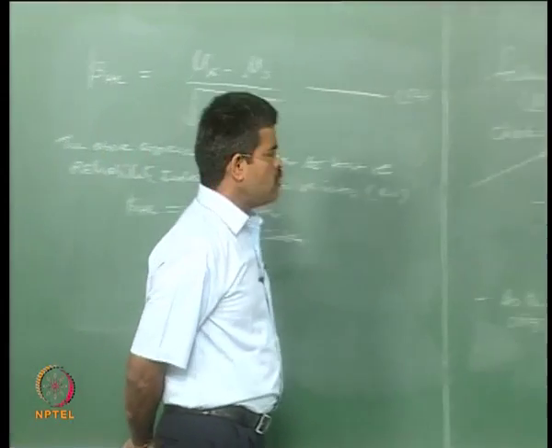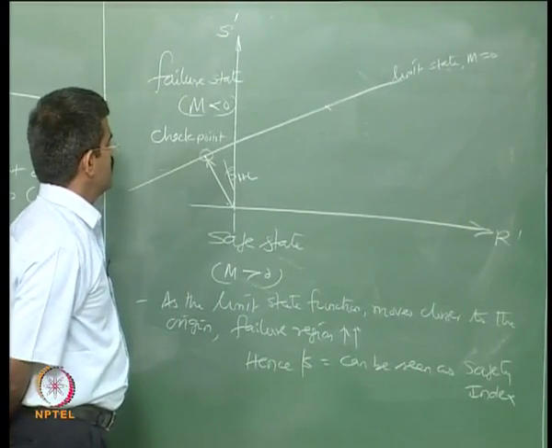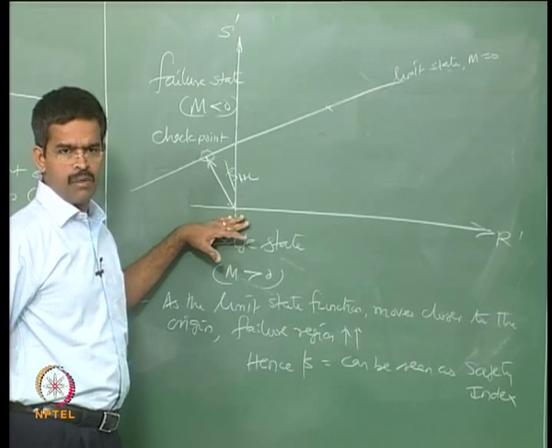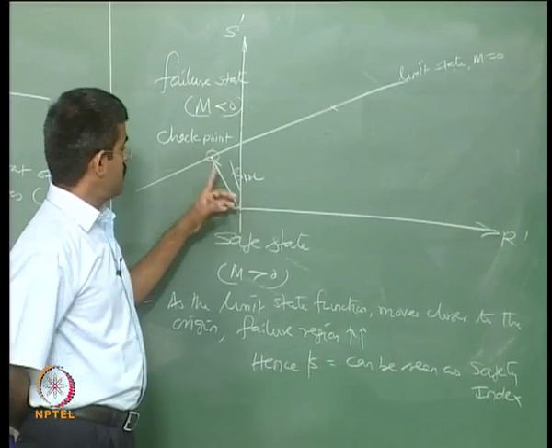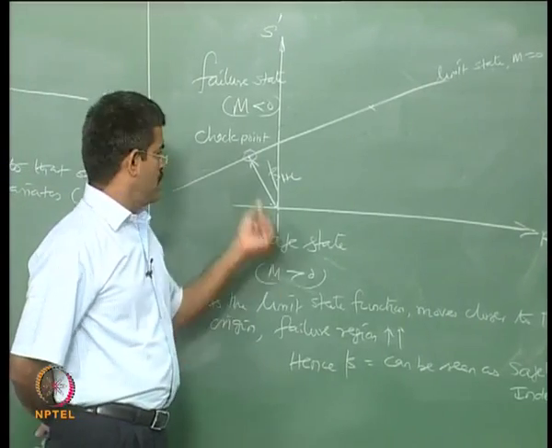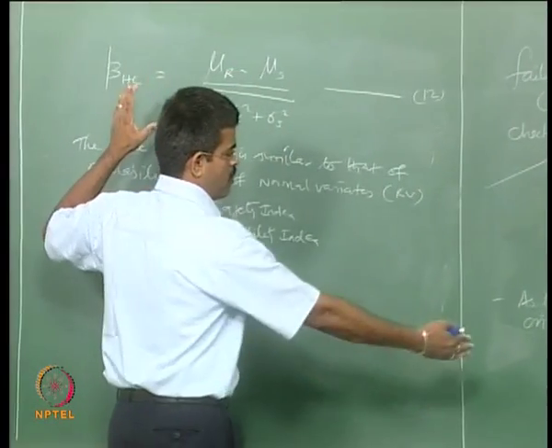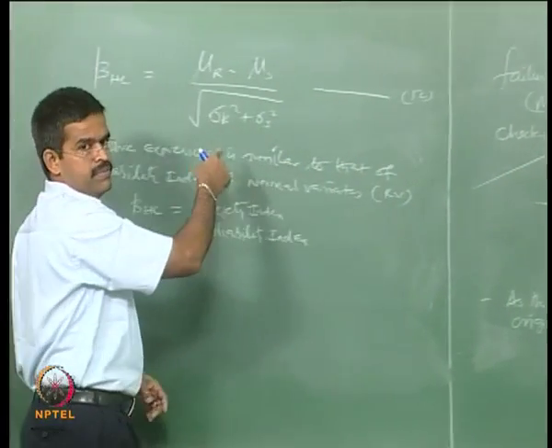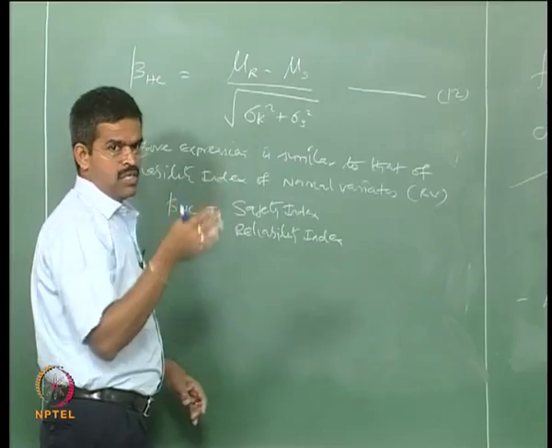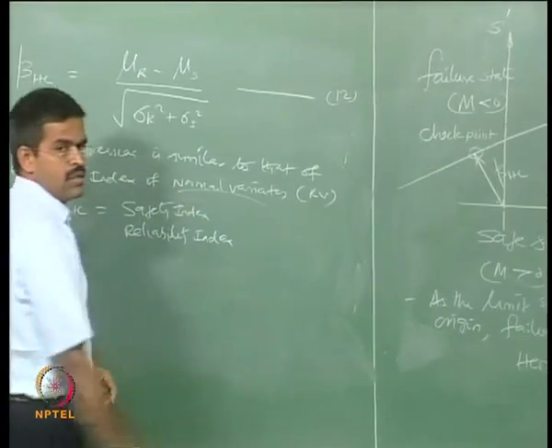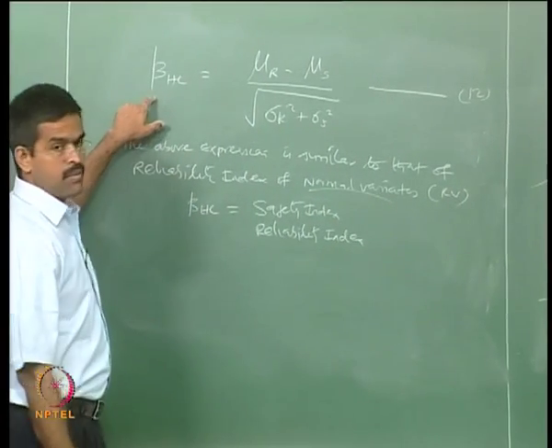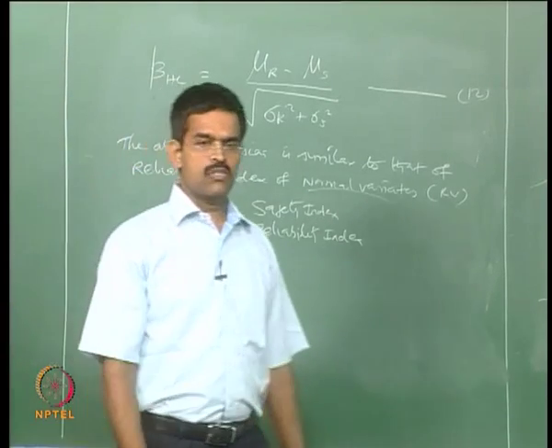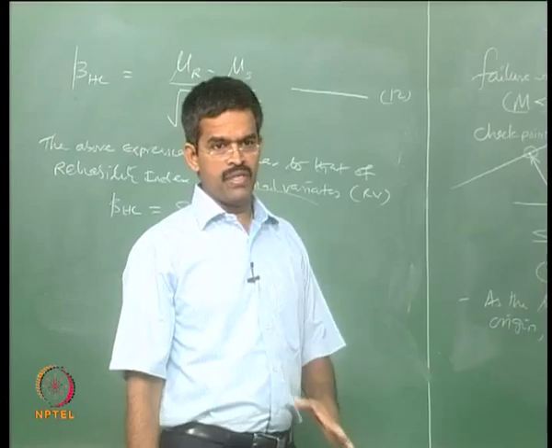It is a very simple issue that I want to find the minimum distance between the line and the origin, a 2D geometry problem, okay. Can easily find this. I have not shown the mathematical working out of finding beta HL geometrically, I will get this equation, but this equation is fortunately same as that you have for the normal variates. Therefore, I can call this minimum distance as reliability index. That is the definition why Hasofer-Lind index is called a safety index.